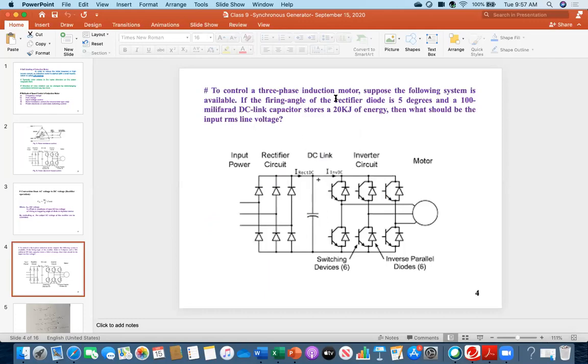To control a three-phase induction motor, suppose the following system is available. For example, this is your system, again the same picture.